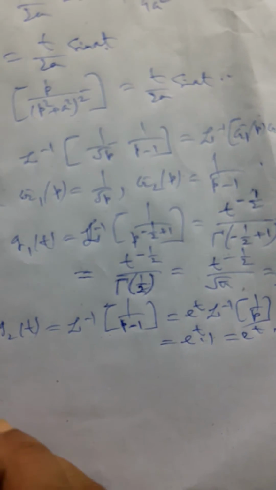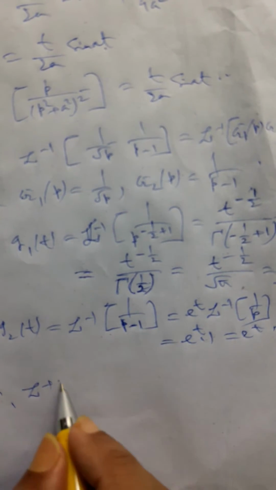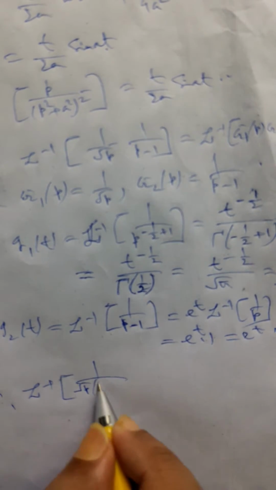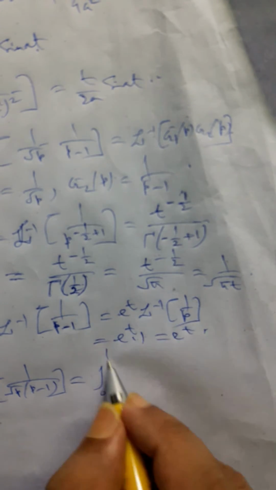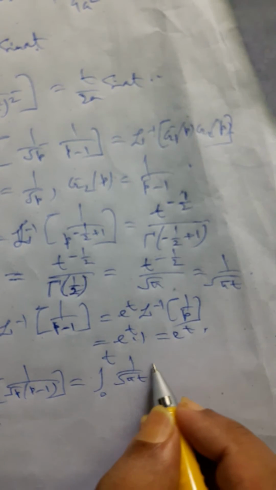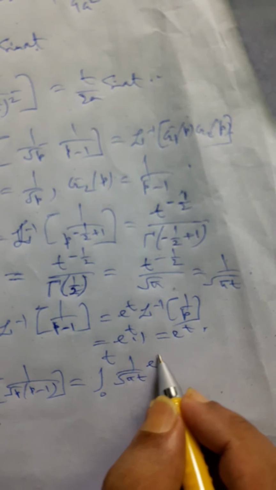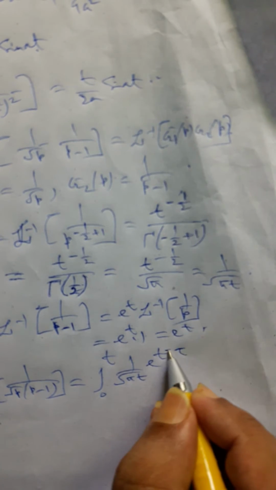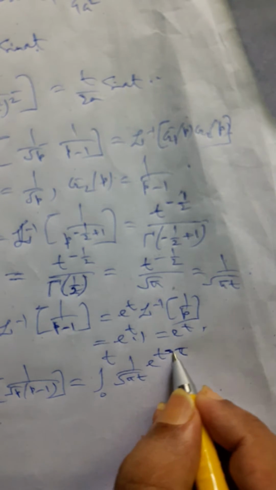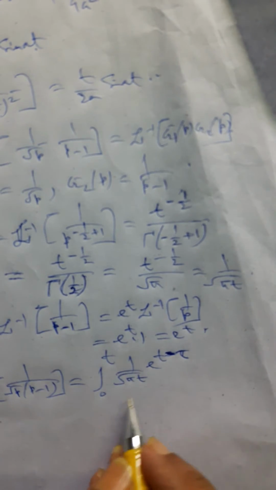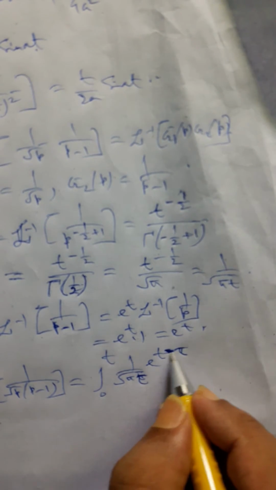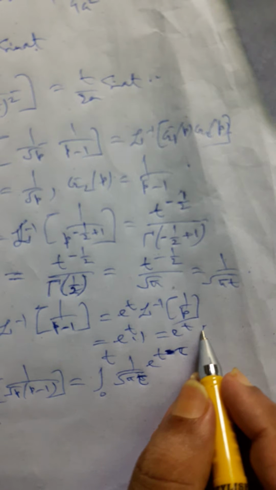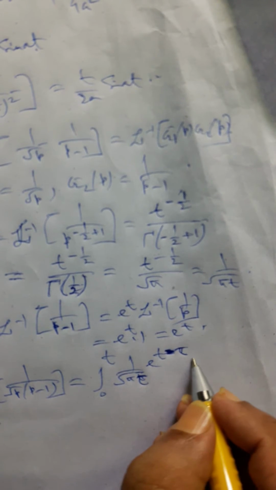Now using the convolution theorem, L inverse of 1 by root p into p minus 1 will be the integral 0 to t of 1 by root pi tau, into e to the power t minus tau, d tau.